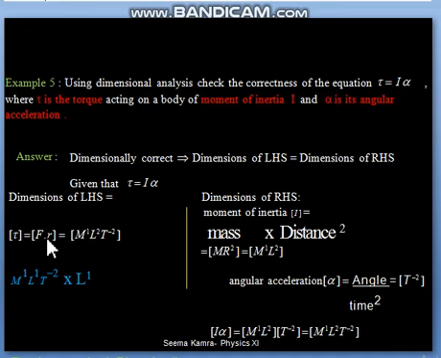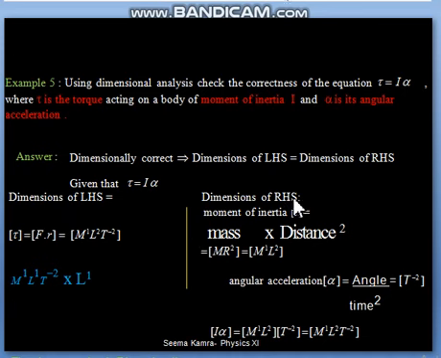It is already given to you in that table of dimensional formula. So force means m1 l1 t minus 2 and distance means l1. So finally you see L power 2 we are getting. Okay, so the torque answer is m1 l2 t minus 2. So left hand side answer we have obtained.